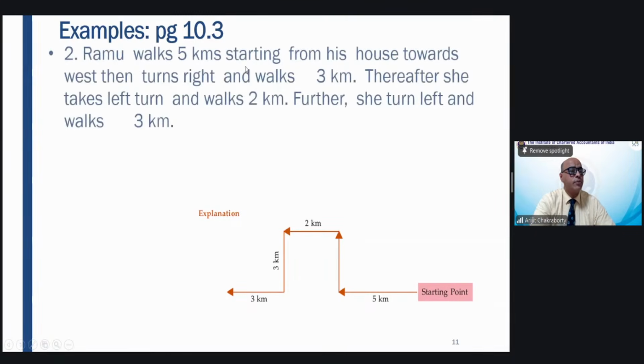Question number example we are taking. Ramu walks 5 kilometers starting from his house. Okay. Yes. Please see. This is very interesting and as well as light. काफी interesting chapter है.